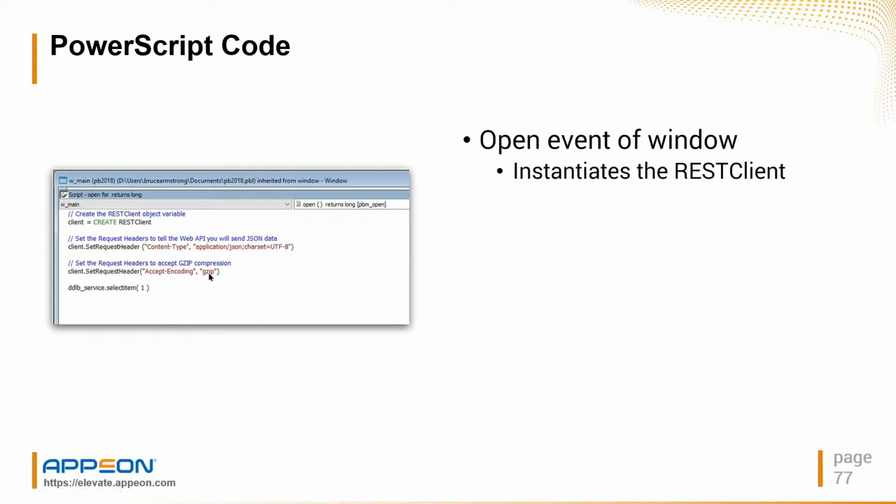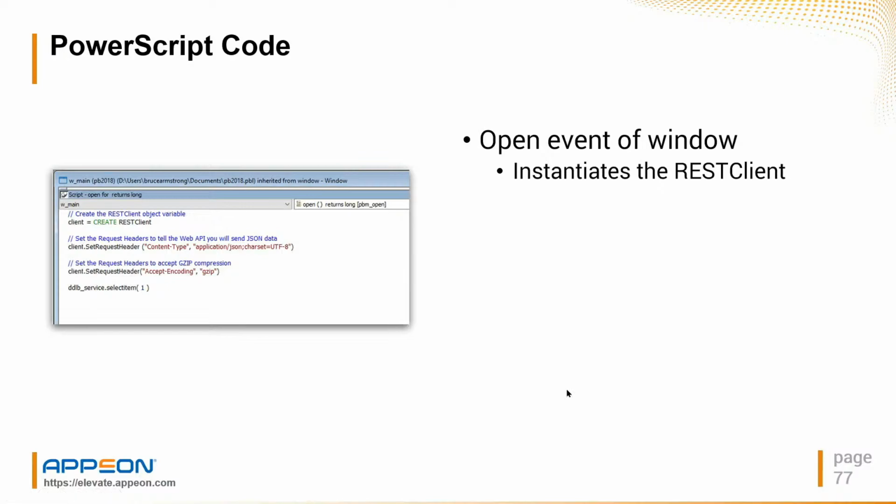gzip encoding is actually turned on by the server. This flag says go ahead and use it. If you send this flag to a service that doesn't use it, it'll just ignore it. It'll just send you back plain JSON. I think I mentioned this much earlier on, but if that flag is sent and the server does support it, then it will gzip the data before sending it down.